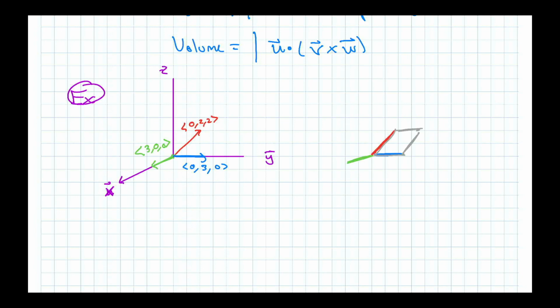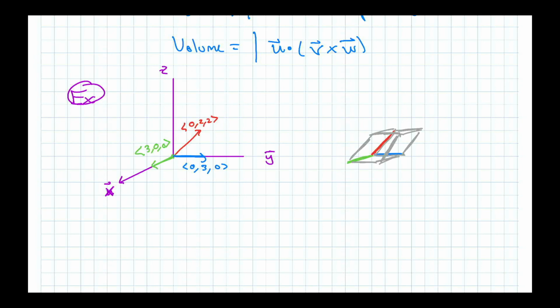And then in the bottom here, you've got one like this. And then on the top, you've got one parallel to the one that we already drew. And then on the top, you've got that. So some shape like this drawn over here would be the parallelepiped that we're doing.